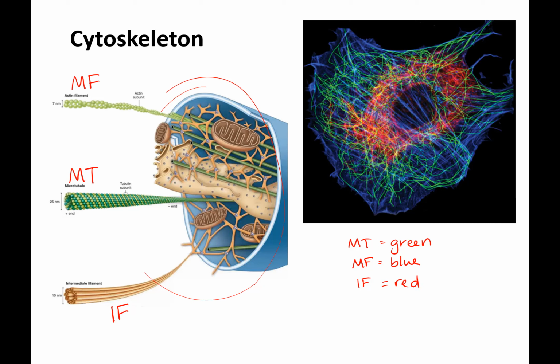So again, you can see that these cytoskeleton components are found throughout the cell, and cytoskeleton is just protein filaments. So we're going to look at these long structures all made out of different types of protein.